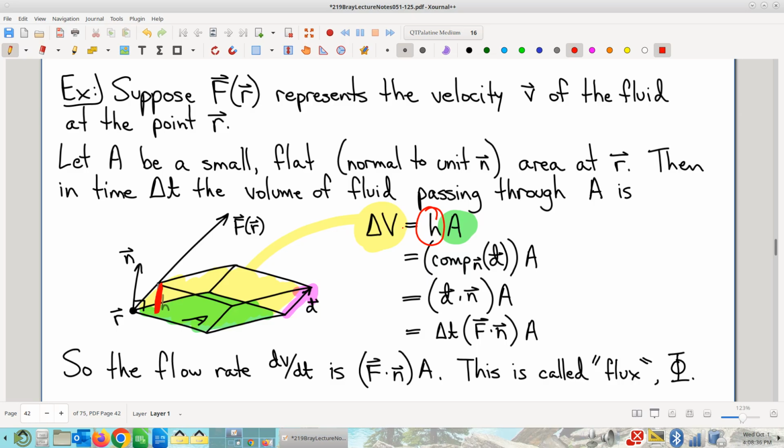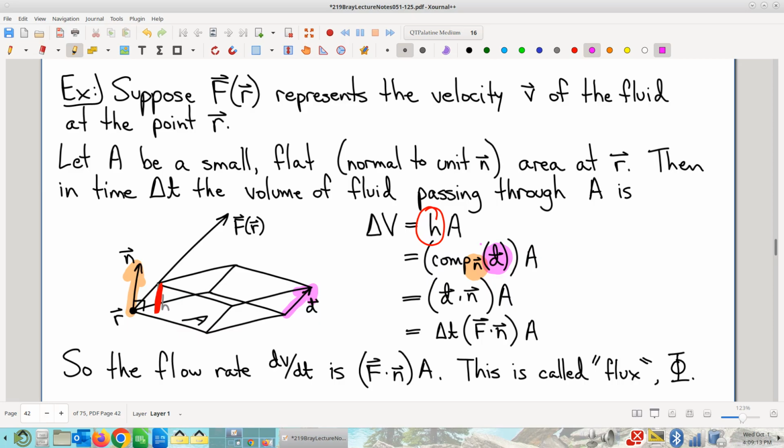And then the next observation is that height is the component in the normal direction of that displacement. The displacement is off at some angle, who knows? I don't really care about the extent to which it's leaning over. I just want to know, in the normal direction, perpendicular to the area that I'm interested in, what is that height? And that height is going to be this component of that displacement.